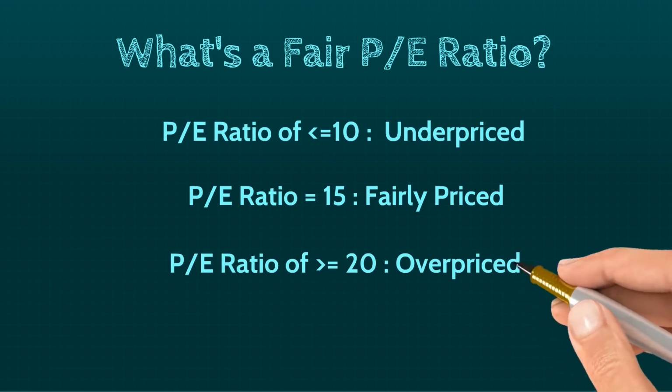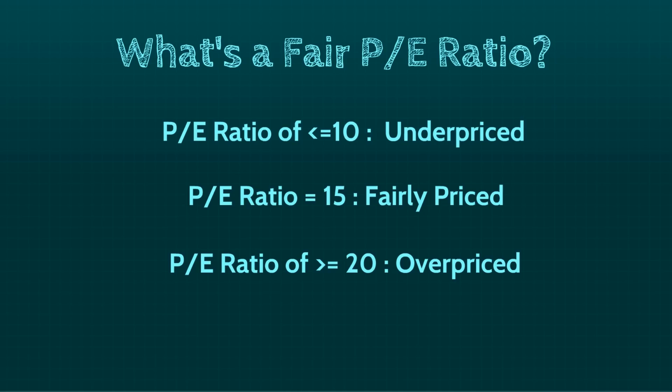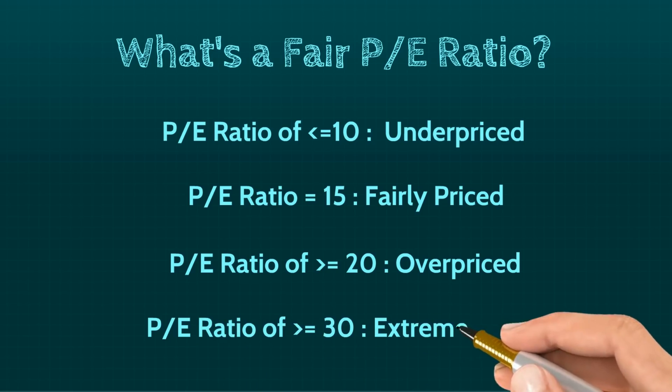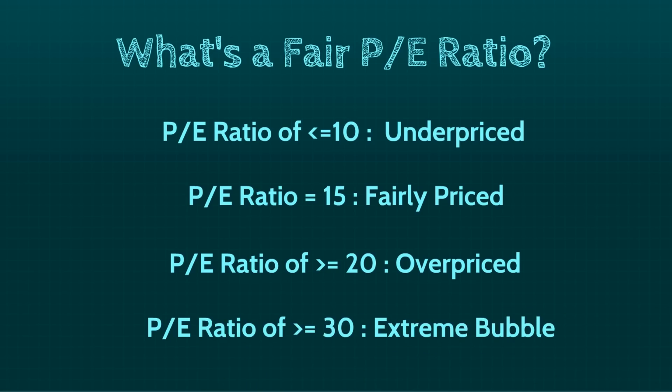However, when you start getting to PE ratios of 20 or more, that starts falling into the overpriced range, and a value investor would not typically buy these kinds of stocks. And last but not least, a PE ratio of greater than 30 indicates it's an extreme bubble, and it would probably not be a good idea to invest in that type of stock.